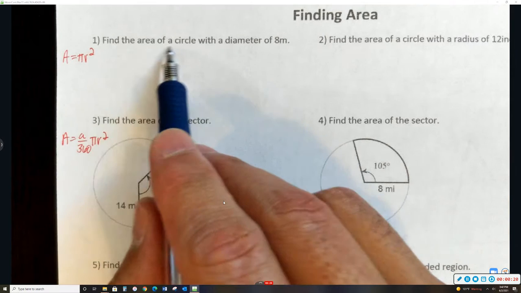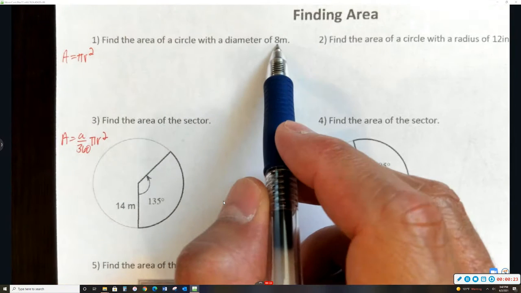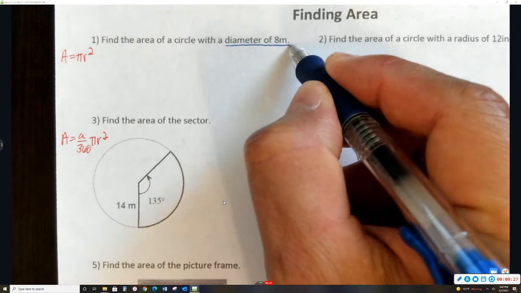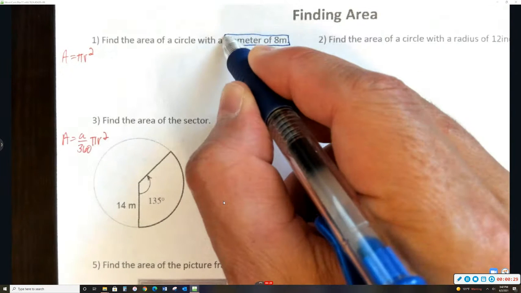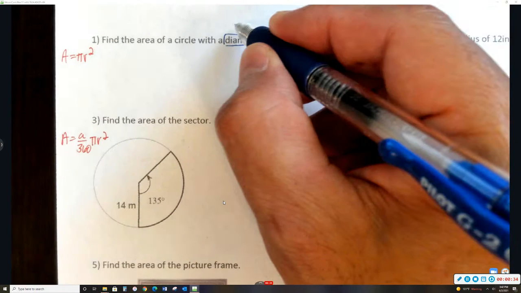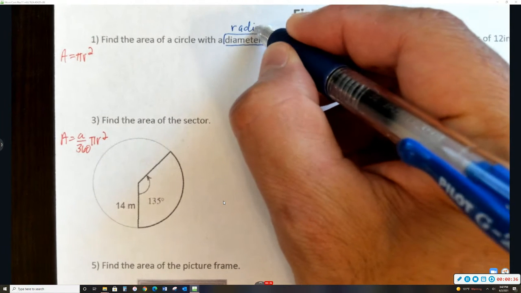So here we have find the area of a circle with diameter of 8 meters. Now again, some students will see this number and automatically try to plug it into the formula. But the formula is pi r squared, and the r stands for radius.